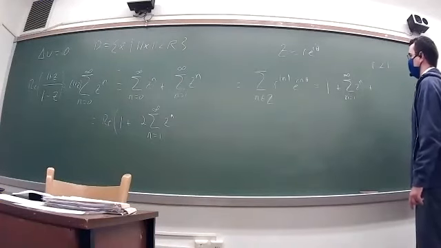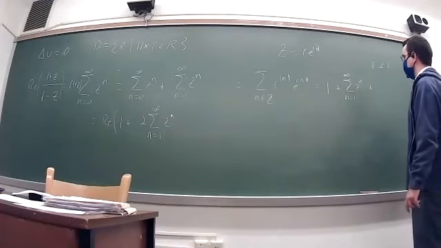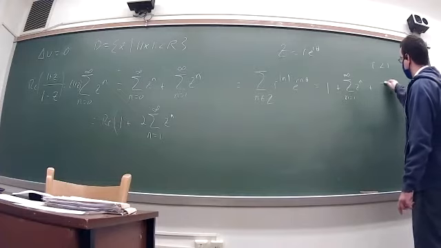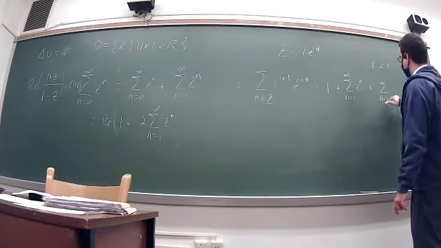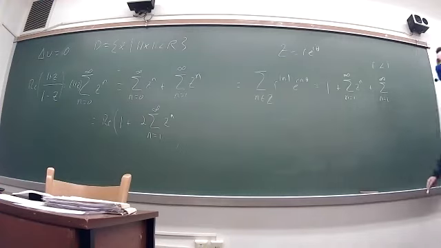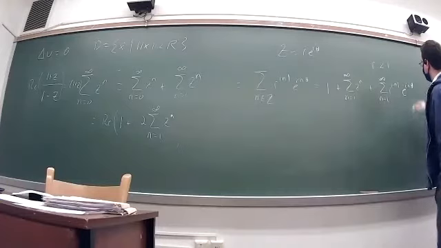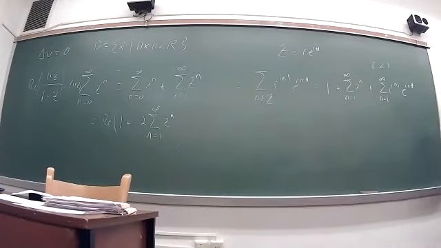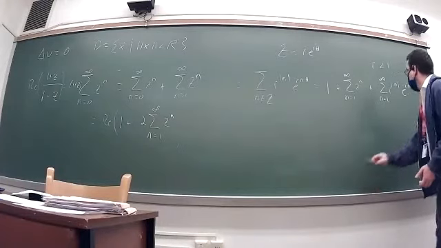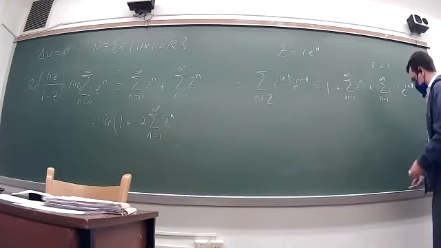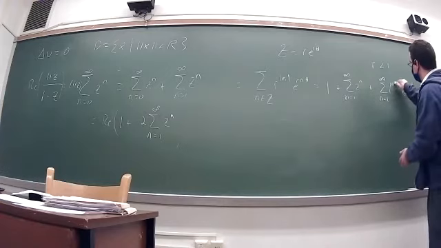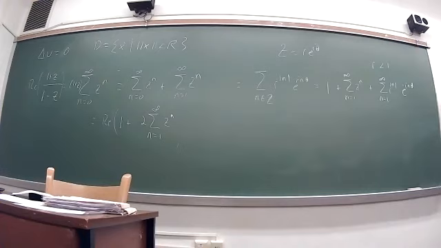And for n being negative, I'll still index it as n going from 1 to infinity, but now I'll just sneak in negative n, e to the minus i n theta. And so the absolute value of negative n is just the same thing as the absolute value of n.